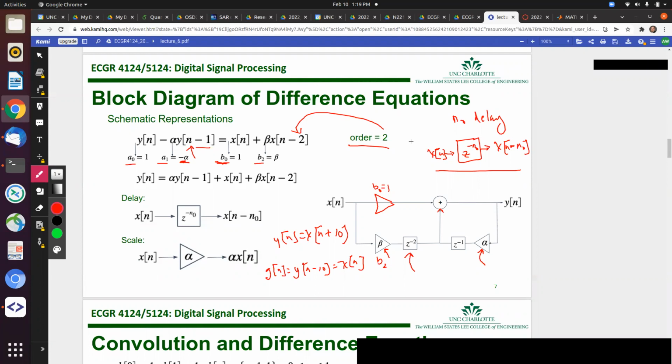So any non-causal system can be made causal by sufficiently delaying it so that the most advanced value becomes the current value. And that's basically why there's latency in signal processing.